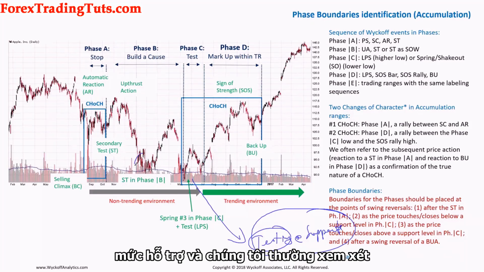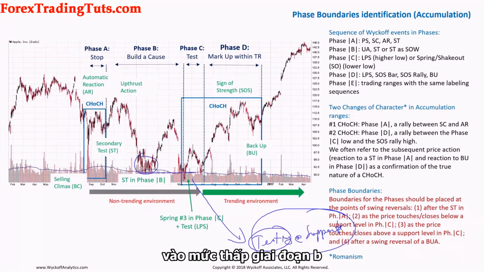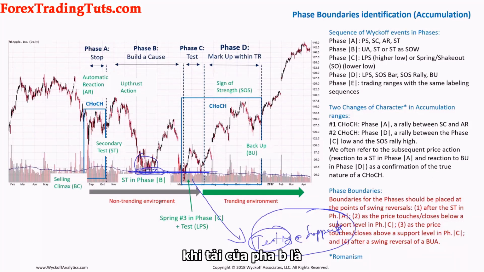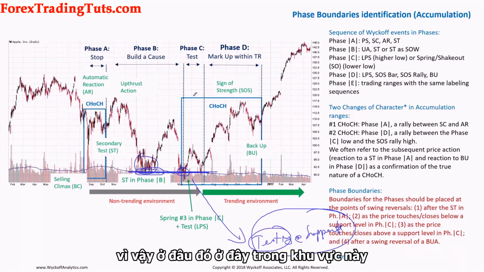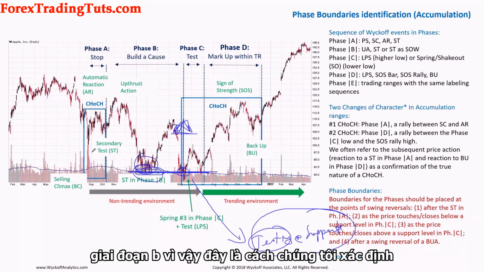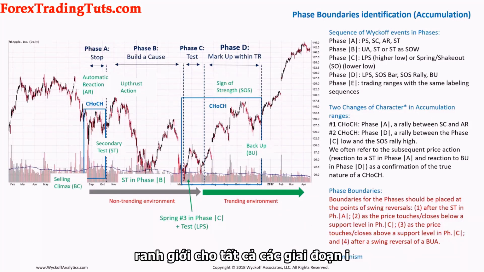And we usually look into phase B lows, and we are saying, okay, where is the first time when the lows of phase B were tested. So somewhere here in this area. And we want to put the boundary exactly on this level where the test has happened for phase B. So this is how we define the boundaries for all of the phases.